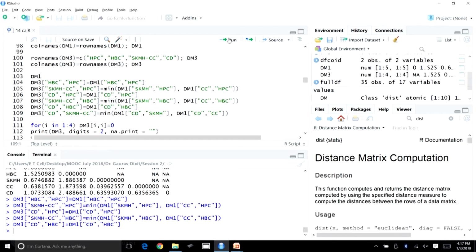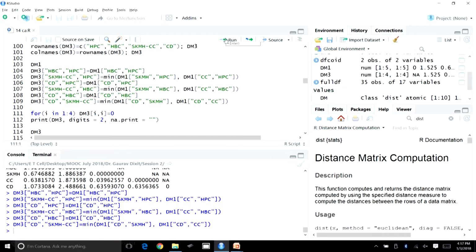It is only 3 distance computations where the cluster with 2 observations, SKMH-CC, is compared with the remaining 3 clusters. Those distances are the ones where the minimum distance is going to be used.